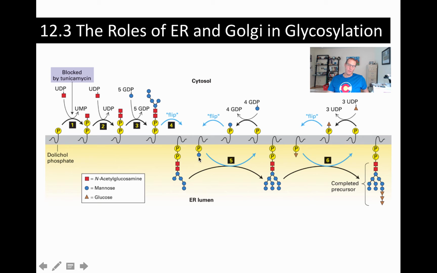We flip the dolichol phosphate with the mannose inside the membrane, so it faces the inside of the ER lumen. And let's just say we do that 4 times, and that means we can add on 4 mannose sugars to our base oligosaccharide. Now we can add on other sugars. And so this step here is just a variation of these steps in the middle where we're adding on mannoses.